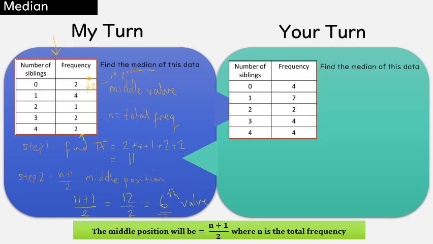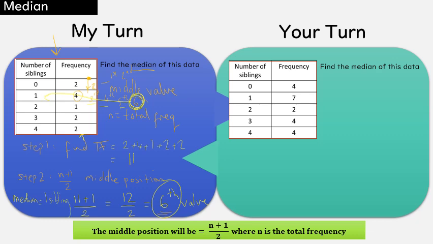Then here we've got 4 people, so they would be 3rd, 4th, 5th, and 6th, because there's 4 in the frequency, so I need 4 more positions. So we've actually hit the value we need to find, the 6th value, and that's in this group here, 1 sibling. So the median of this data is having 1 sibling.